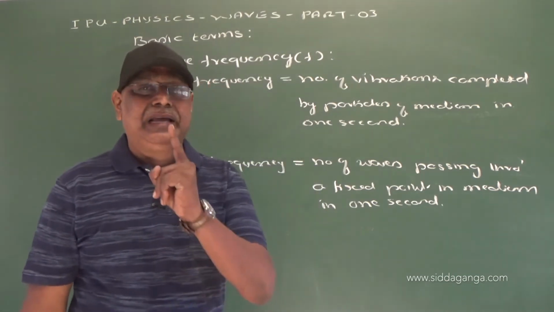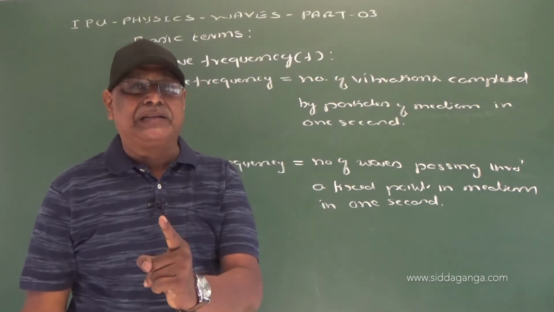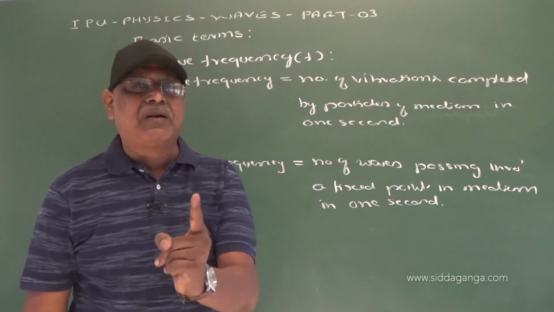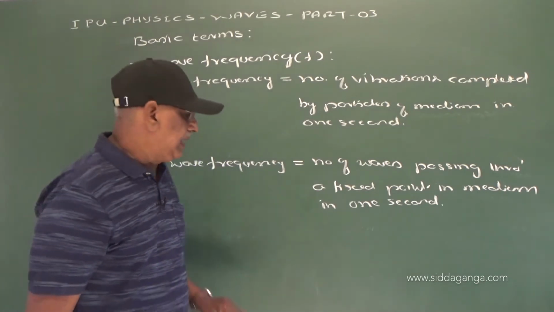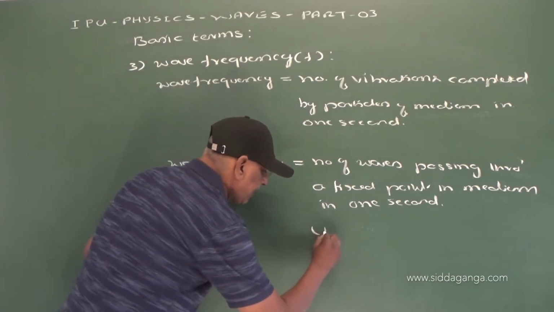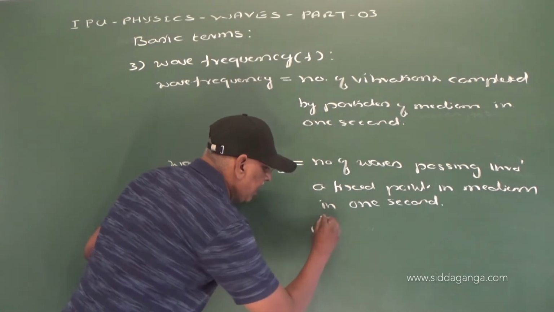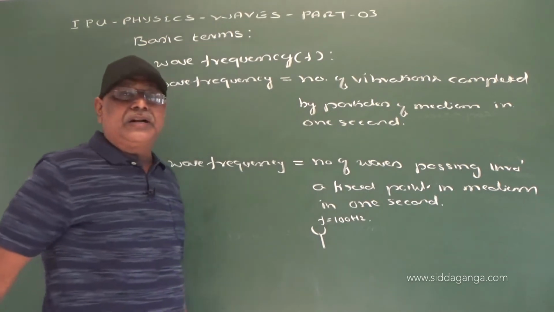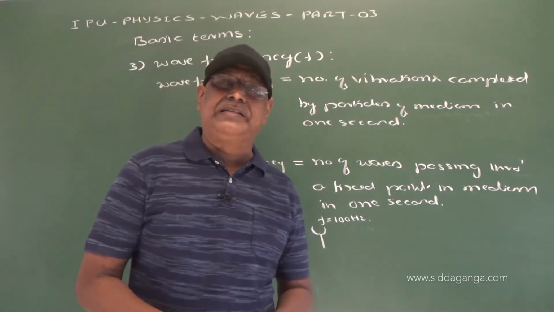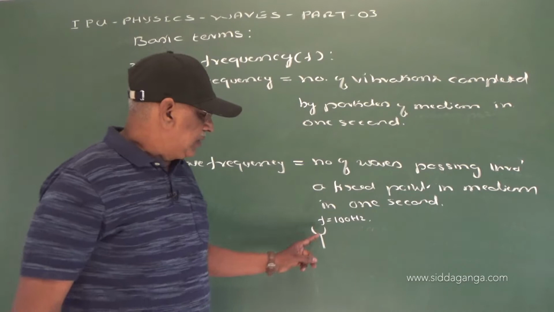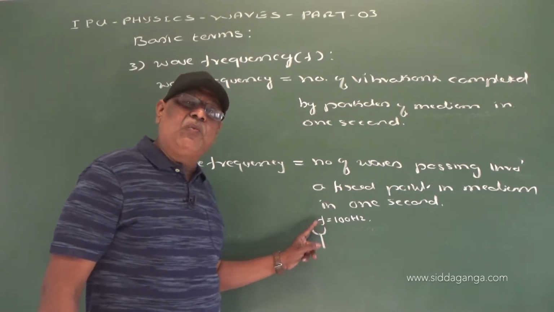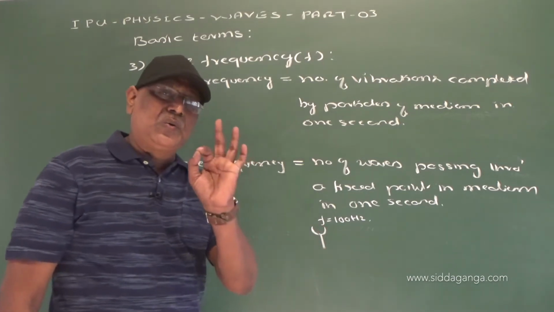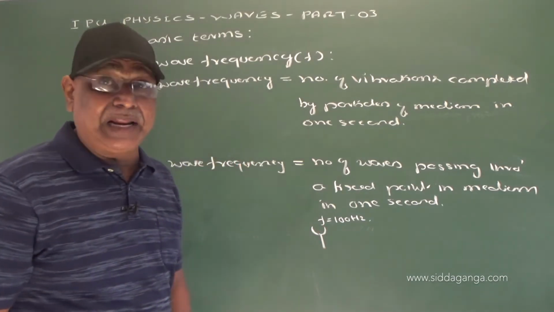We know that a single wave or wave pulse consists of one crest and one trough, one compression and one rarefaction. Suppose I have a tuning fork of frequency 100 Hz, vibrating with a frequency of 100 Hz. For one to and fro motion, one vibration of the tuning fork, it constitutes one compression and one rarefaction, right?